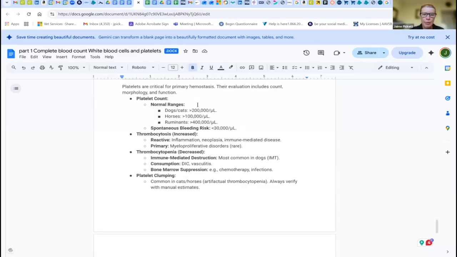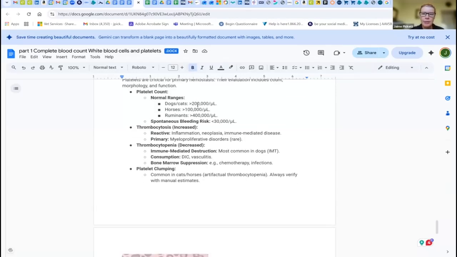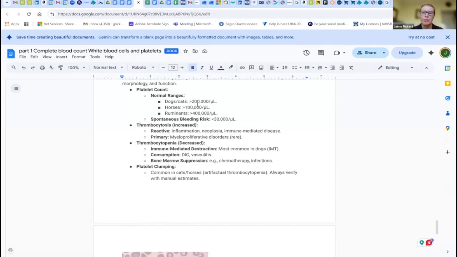Thrombocytopenia, however, requires some attention. Low platelets can be due to immune-mediated destruction, consumption during DIC or vasculitis, or decreased production from bone marrow disease. And don't forget the common trick the CBC plays on you, platelet clumping, especially in cats and horses.